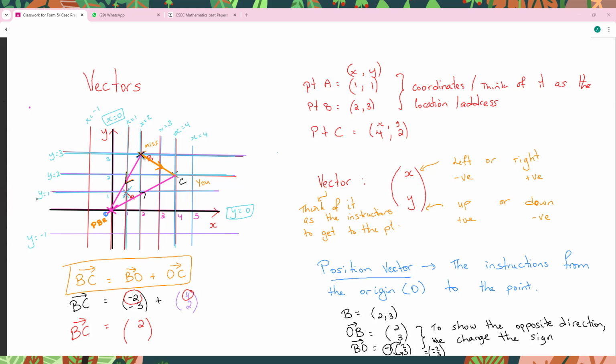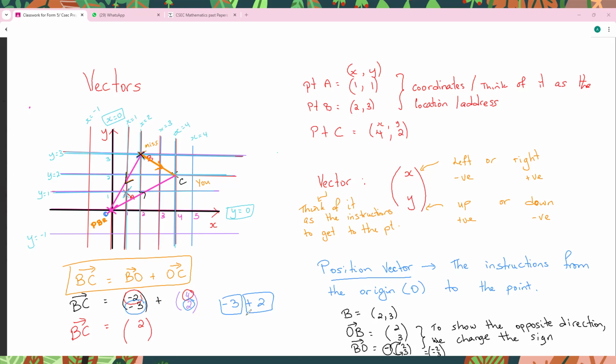And then you're going to do the same for the y's. So you have -3 plus 2. Anytime you have numbers with two different signs, remember the sign is always carried in front. So the rule is you subtract like normal.